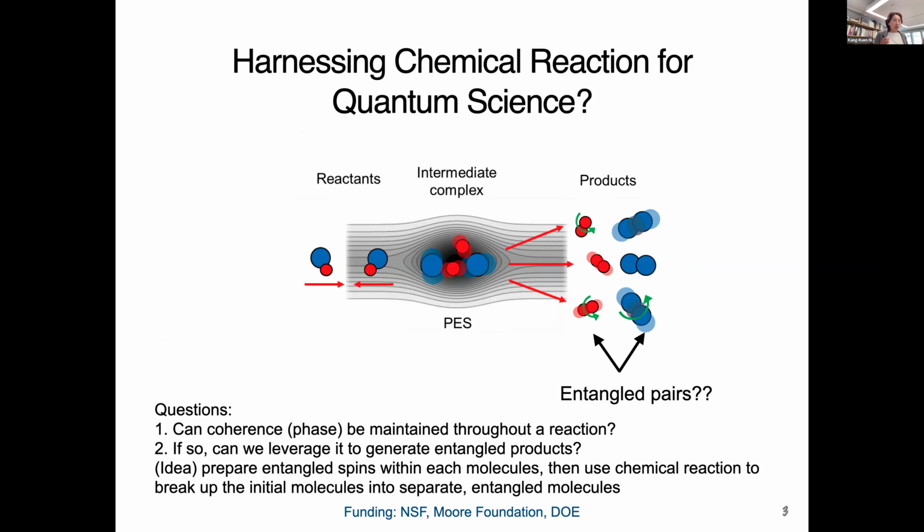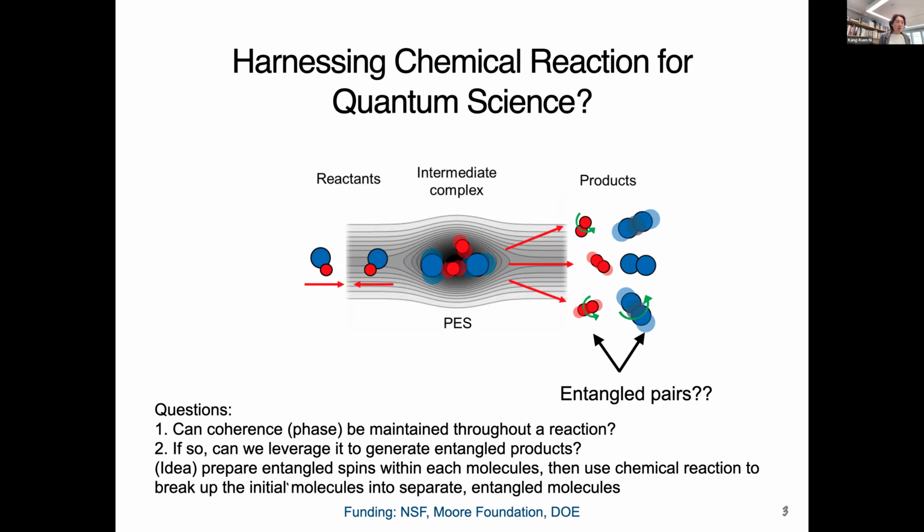Of course, that's a grand question, so we want to break it down into simpler questions where we can begin to make some progress. For example, can coherence be maintained throughout such a reaction? That's the question that we actually want to answer, and can answer in some specific contexts. And if so, we can leverage it to generate entangled products.